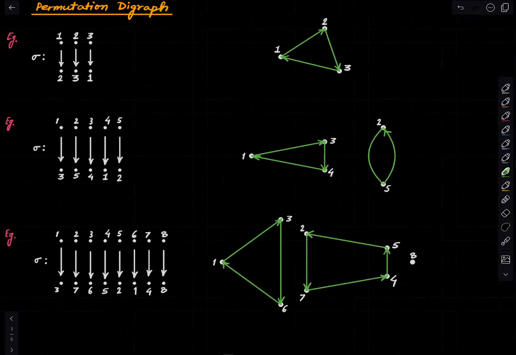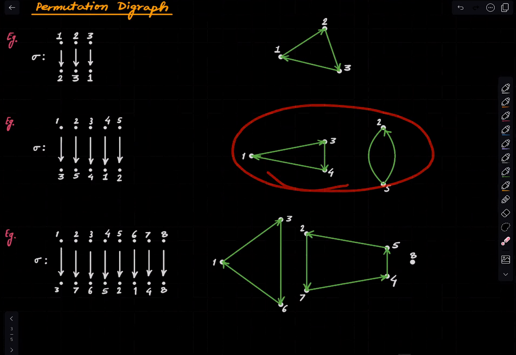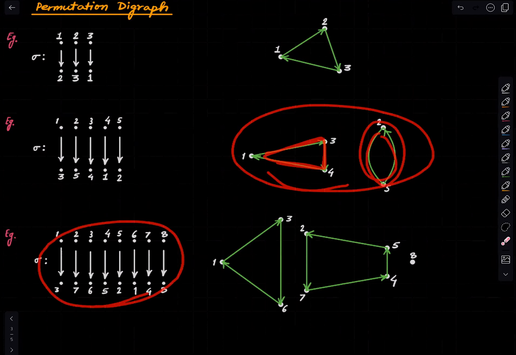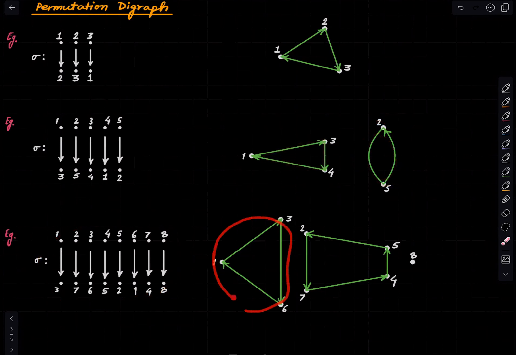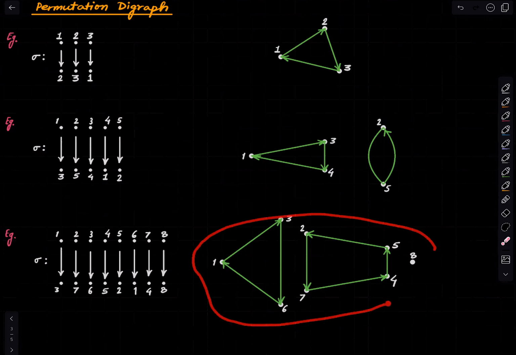Yeah. So again, we see, just like in the previous one, disjoint cycles appeared, and the permutation digraph of this bigger one also has the same kind of property. In fact, this is a completely general thing. Any permutation of a finite set, if you make the permutation digraph of it, you will see disjoint cycles in it.